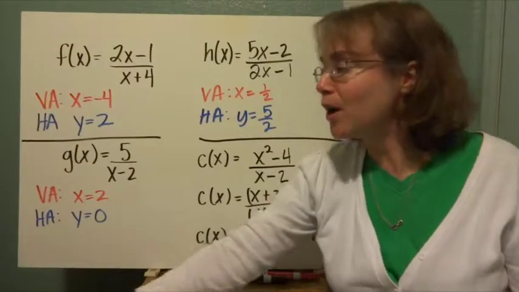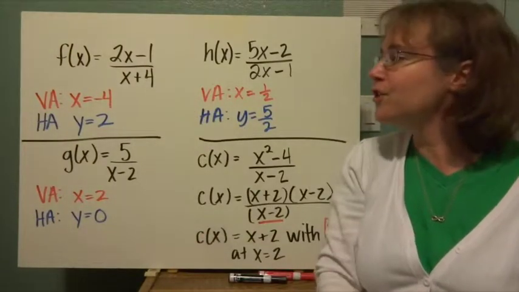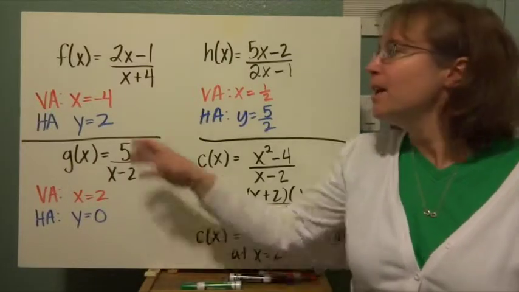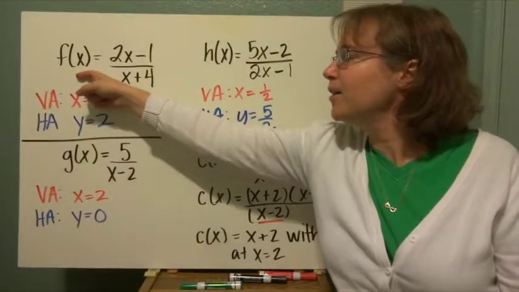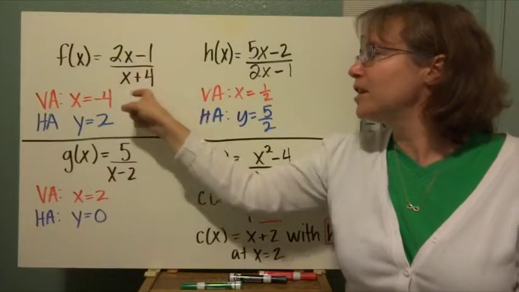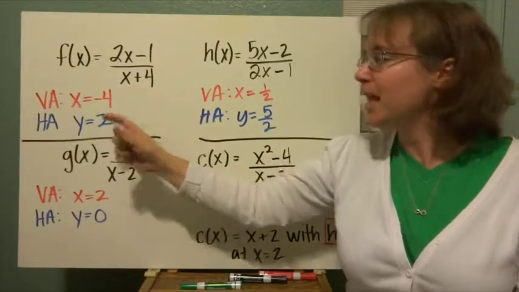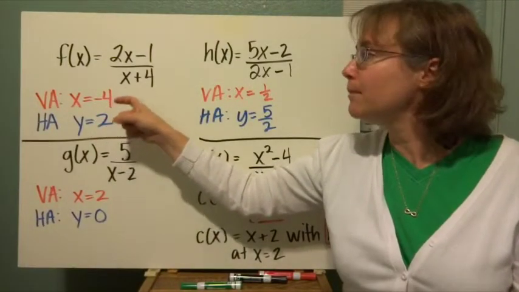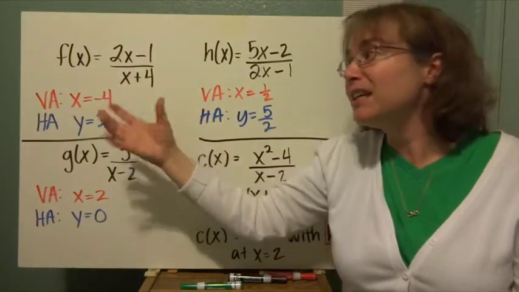All right, we're just going to do a quick review just so that you can calculate your vertical and horizontal asymptotes. I think you're probably pretty good with plugging in values, but I wanted to give you several examples. So if we had this one right here, our vertical asymptotes are going to be whenever this denominator is equal to 0. In this case, x equals negative 4. And our horizontal asymptotes we're going to look at when x gets to be a really, really big number. So when x is a big number, or a really, really negative number.